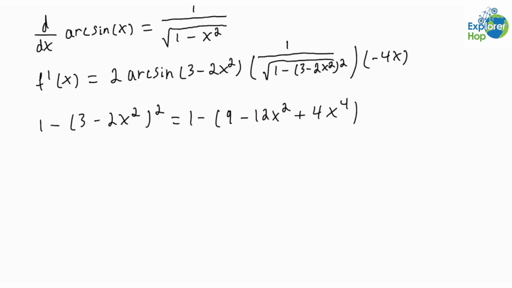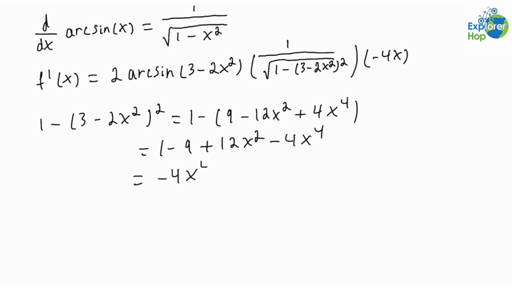And this is equal to 1 minus 9 plus 12x squared minus 4x to the power of 4, which is just equal to negative 4.